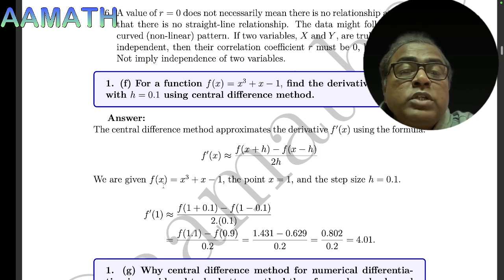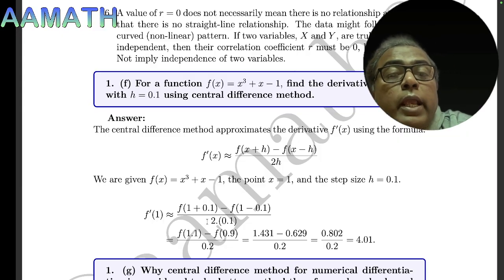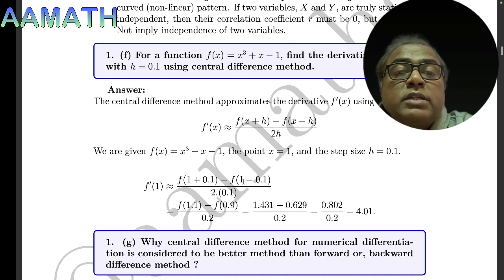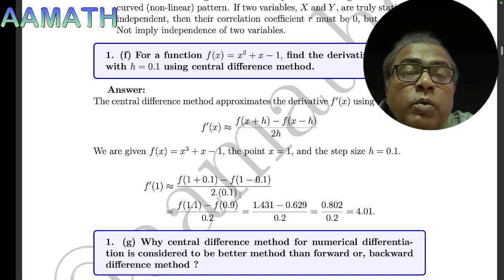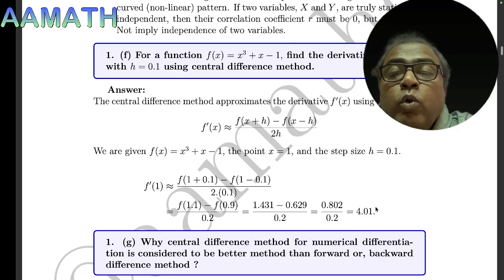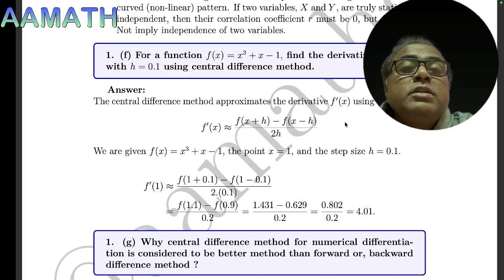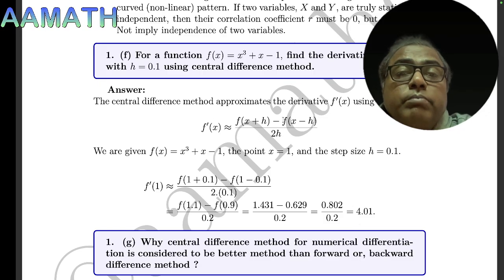Here f(x) is this function at the point x equal to 1, and the step length is h equal to 0.1. So f'(1) is approximately [f(1 plus 0.1) minus f(1 minus 0.1)] divided by 2 times 0.1, and after calculation we get 4.01. This is the central difference formula to find the derivative.